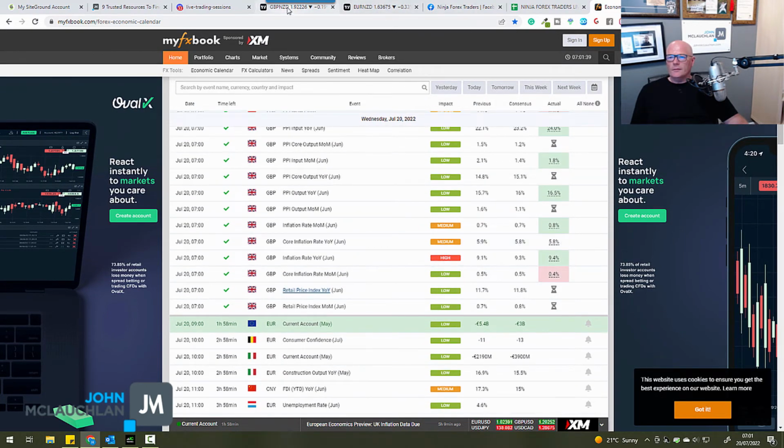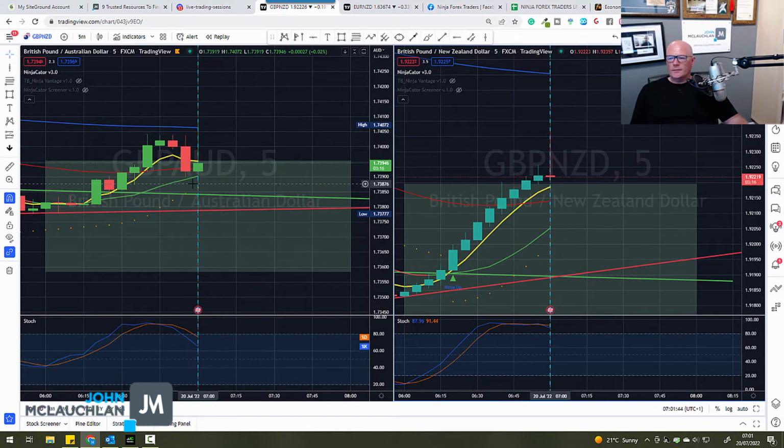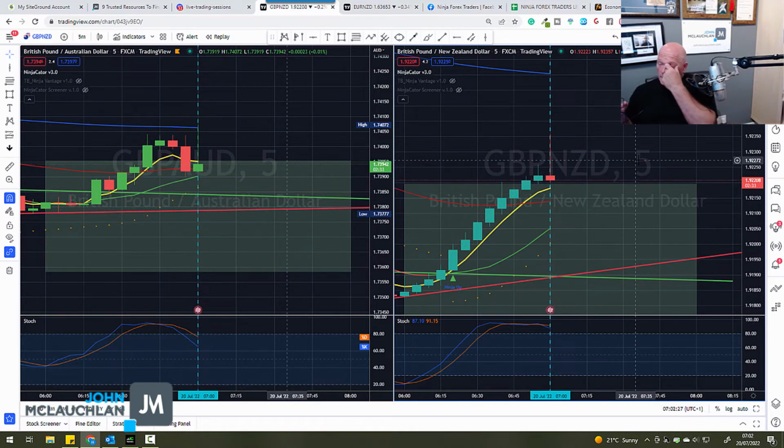So right now, with the GBP pairs, news has kicked in, and it did manipulate the price all the way up to here, but nothing really drastic. So with the exception of the news, the price still looks favourable for a buy situation.